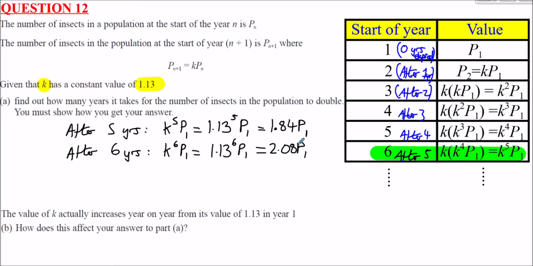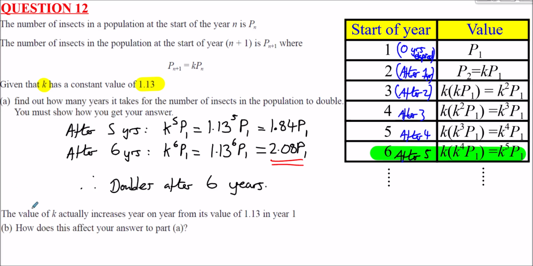And that there tells us that it's now more than doubled, because 2.08 is now more than 2. So therefore, doubles after 6 years. Well, actually, it doubles in between the 5th and 6th year, but after the 6th year, it's more than doubled. So it just says how many years. It doesn't say to use a decimal, so we can say doubles after 6 years.